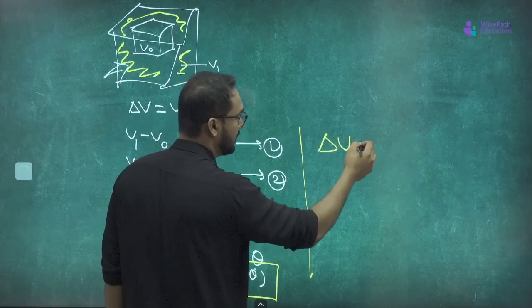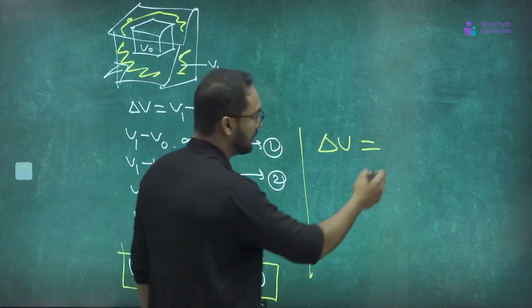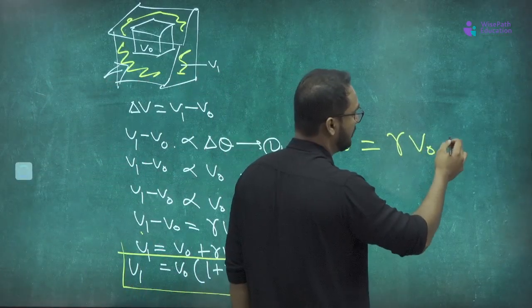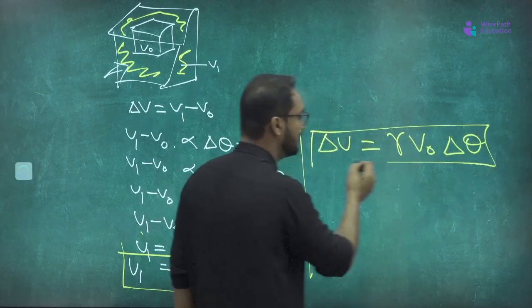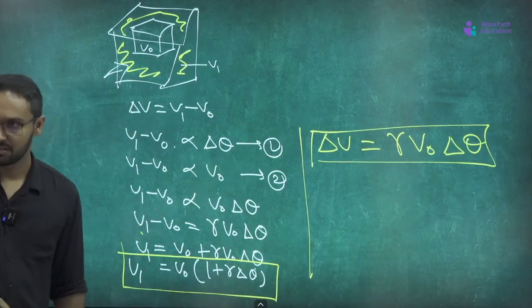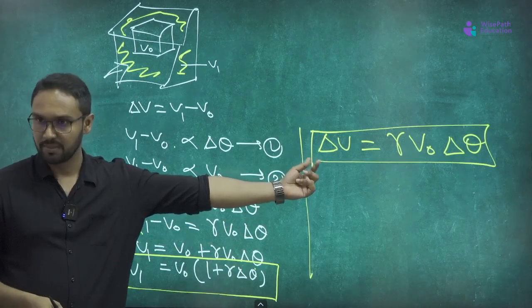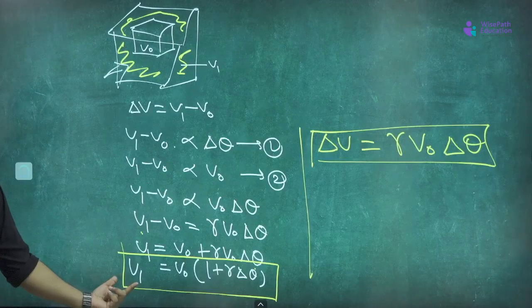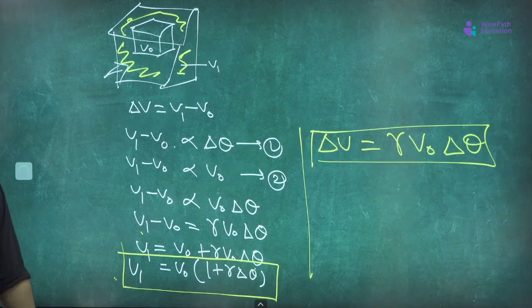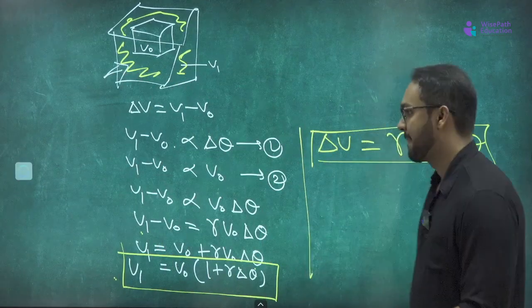Delta V is equal to gamma V naught delta theta, right? This is also one of the main equations. If you want to find the amount of volume expanded, this is the equation you apply. And if you want to find the final volume, this is the equation you apply, yes. Take the note quickly.